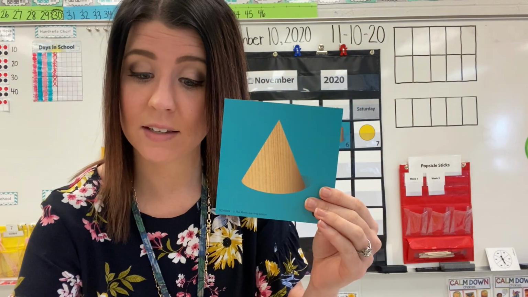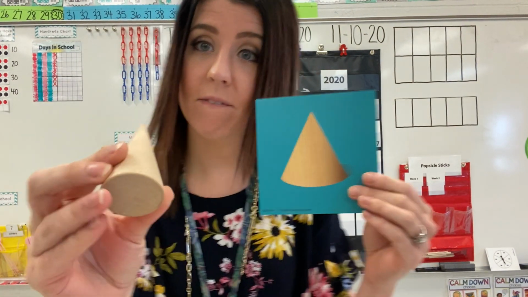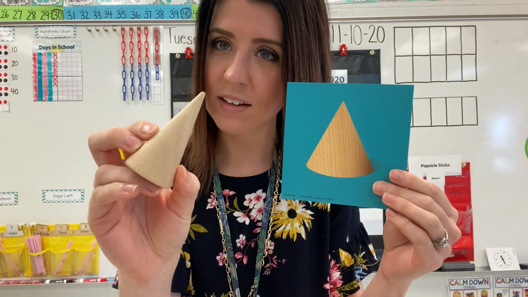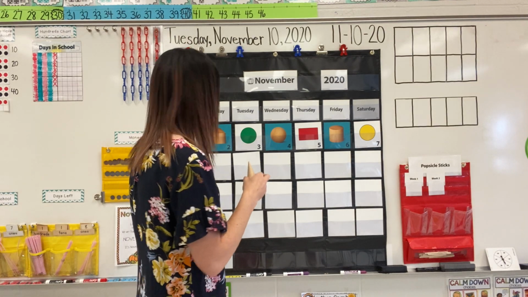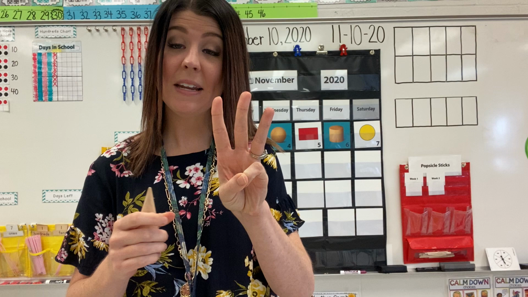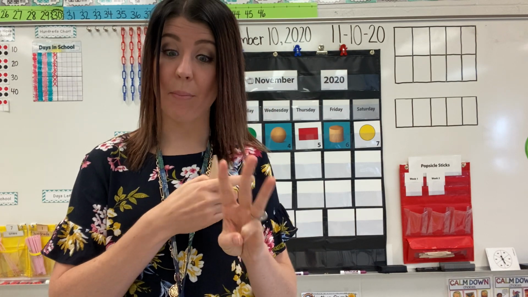Now on Sunday, our shape was not flat. Let me see if I can find one of these. This was our shape for Sunday. See how it's not flat? Do you remember what we call shapes that are not flat? Instead of 2D, they are 3D because they have three dimensions. They have height, they have width, but they also have depth.